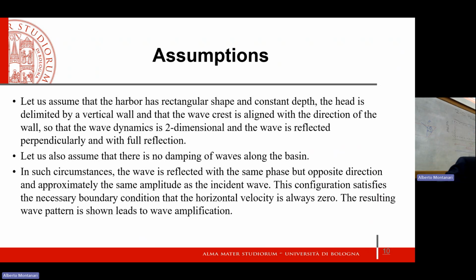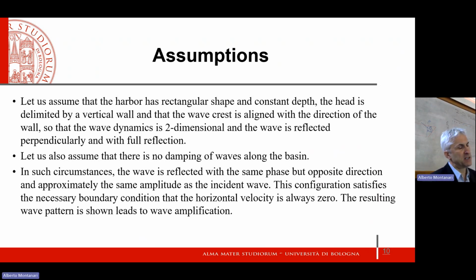And you know this because you know what is shoaling, what is the effect of shallow water on the shape of a wave. So let's assume that the depth is constant. So the head is delimited by a vertical wall, and the wave crest is aligned with the direction of the wall, okay? So the wave is reflected perpendicularly and with full reflection, okay? Let's assume that there is no damping of waves, and as I said, no energy losses.